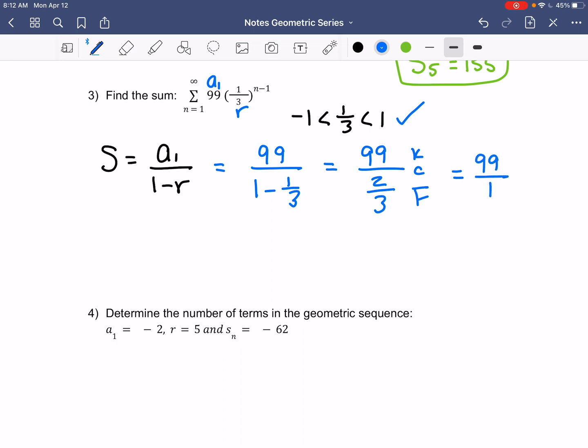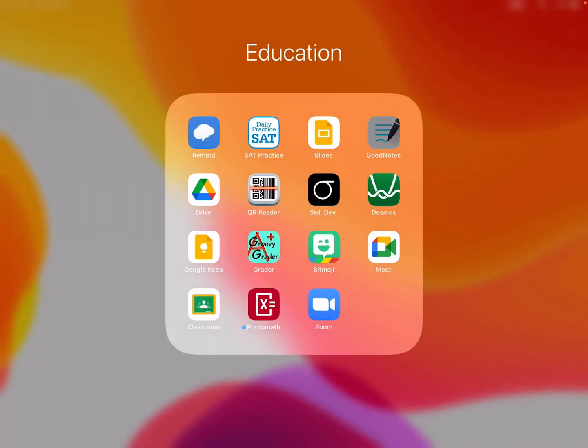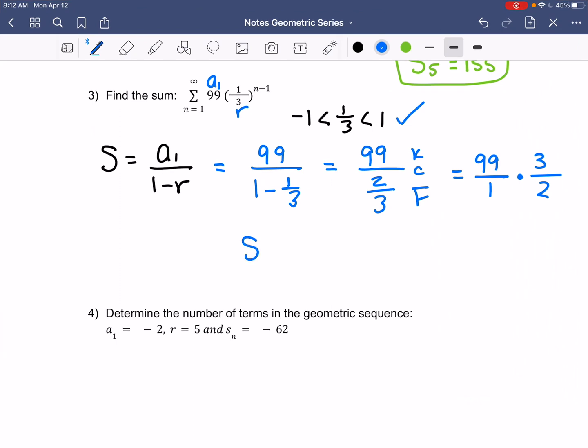So technically it's 99 over 1 times 3 over 2. So 99 times 3 is 297, divided by 2 is 148.5. That's the sum of our series.